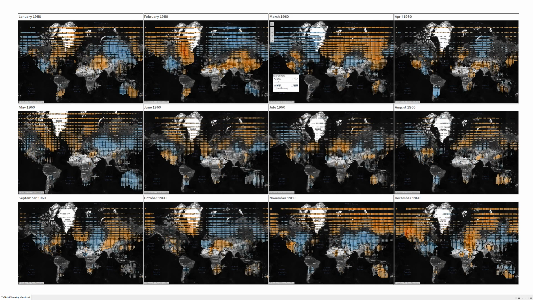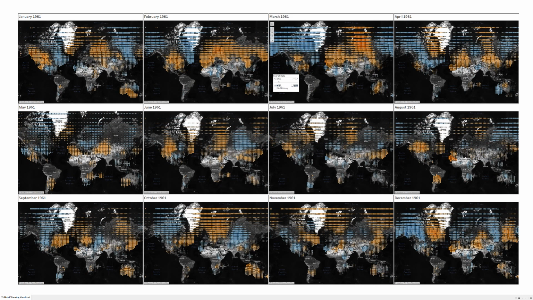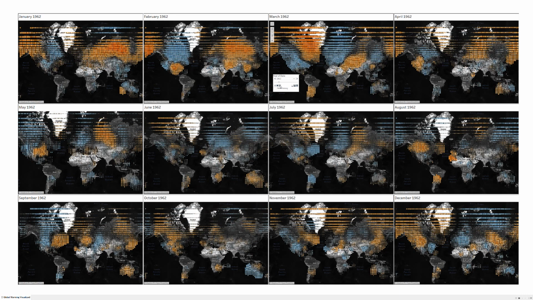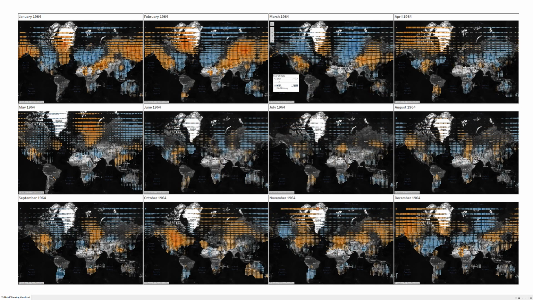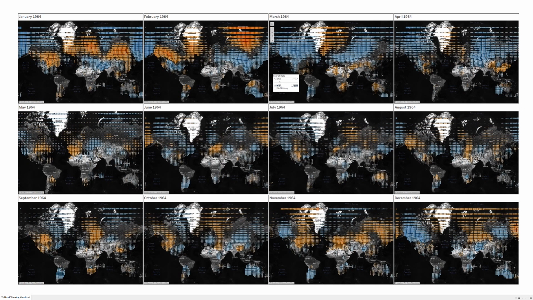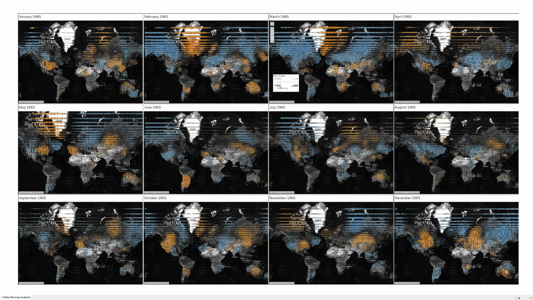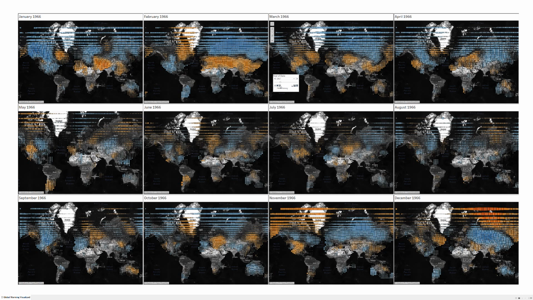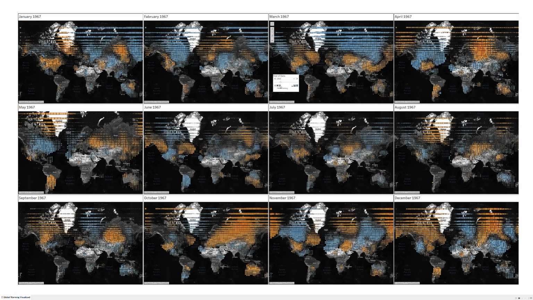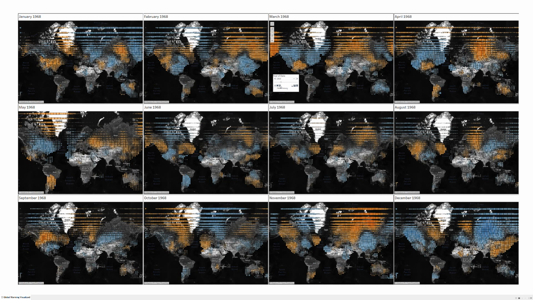But the thing you notice when you're back in the 50s and 60s, like we're looking at right here, is lots of blues and lots of orangish-red colors. You have a mixture of zones that are warmer and cooler than the baseline period. We're now in the baseline period, in 1967 here. The baseline period goes all the way to 1990.